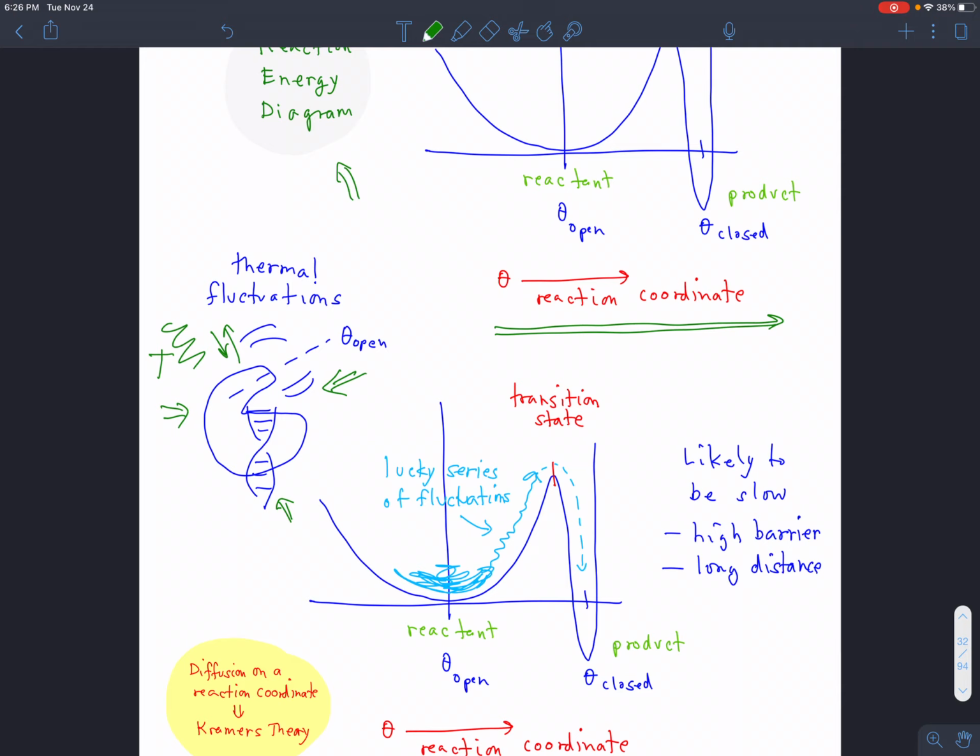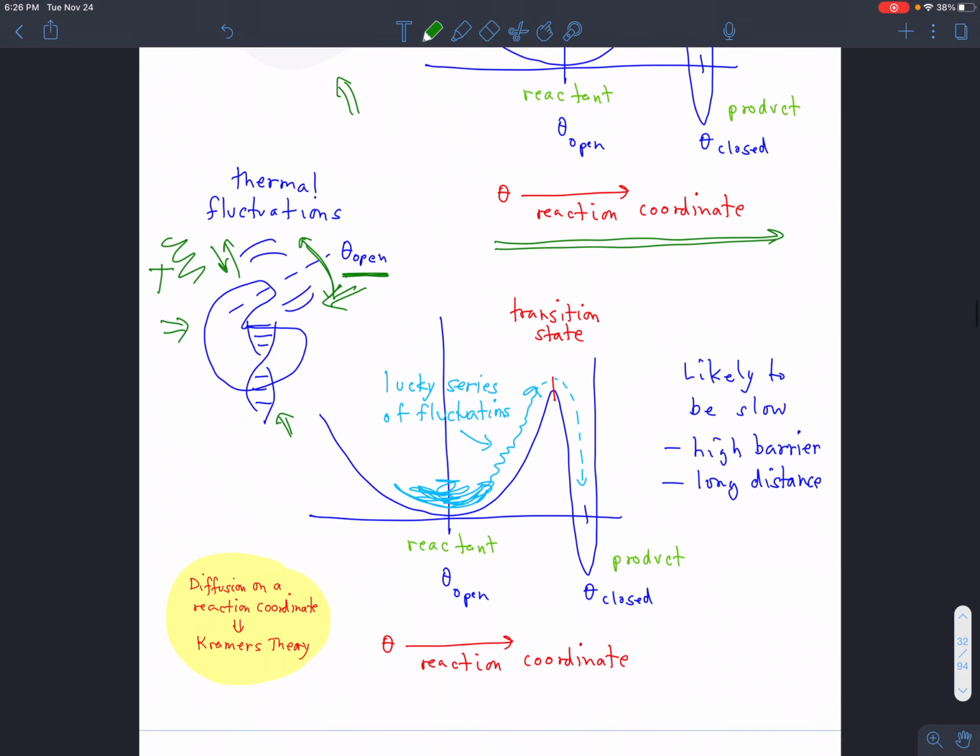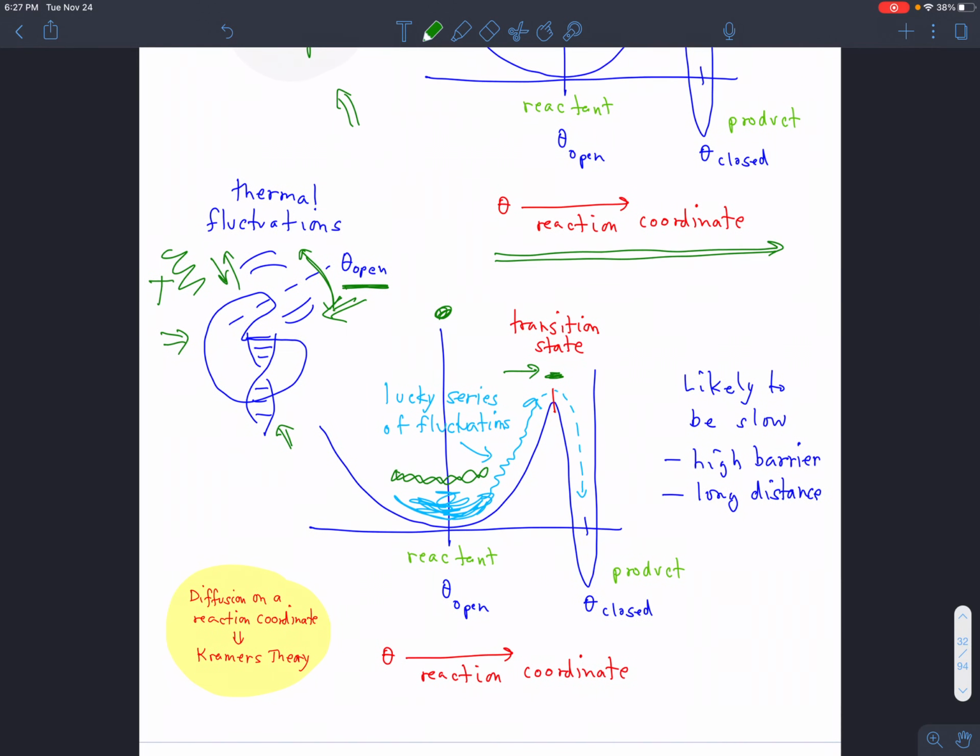And if we think of those fluctuations as being fluctuations in the angle, then on this diagram, it looks like the system is wandering around near the equilibrium point where the fingers are happiest. But if you get very lucky, then some of these fluctuations can actually go in the right direction and with the right energy so that they actually get to the top of the hill in this reaction energy diagram, and that's the transition state, of course, right?